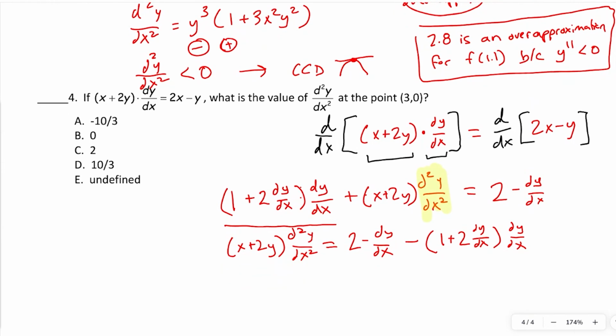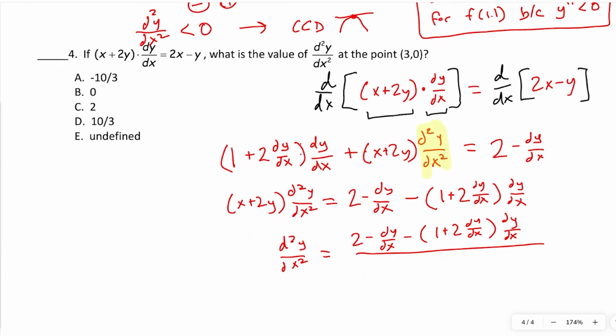Okay, so now we need to go ahead and divide. And so the second derivative is going to be 2 minus dy/dx minus (1 plus 2 dy/dx) times dy/dx, all that divided by x plus 2y.